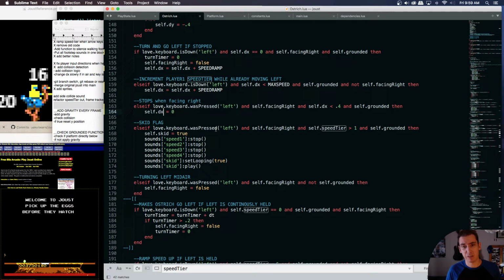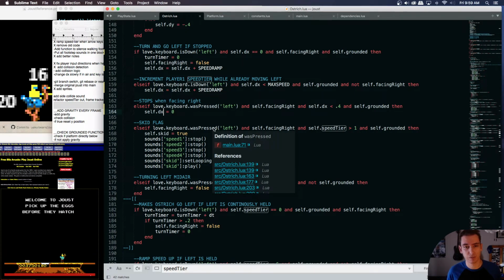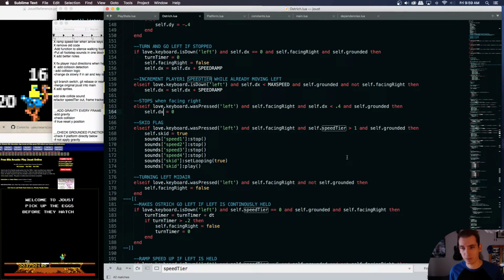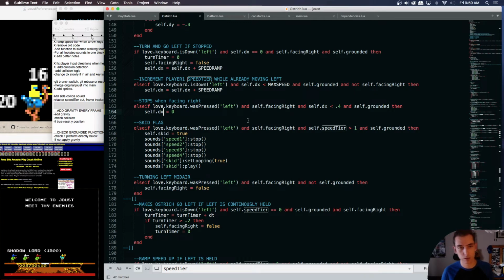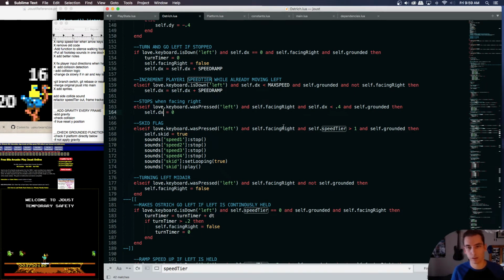So skid flag, if it was pressed and you were facing right and your speedTier was greater than 1 and you were grounded, then skid. So was pressed is okay for this. We don't need the continuous input because skid will only get set once, and that'll slow our dx to a 0.